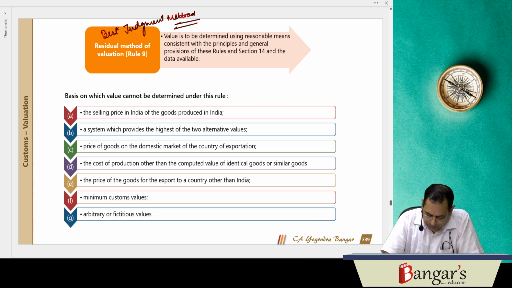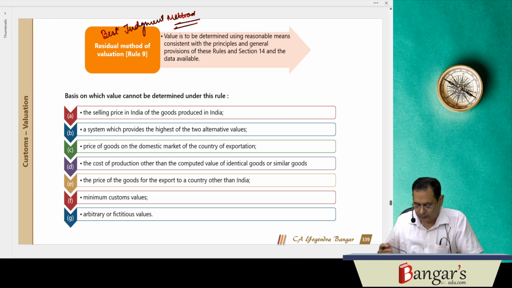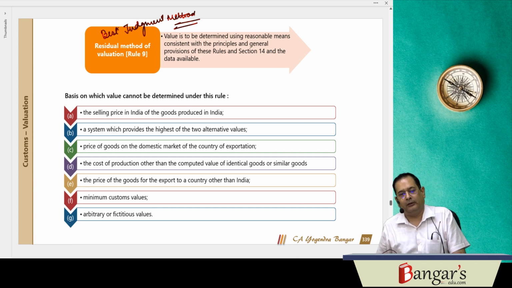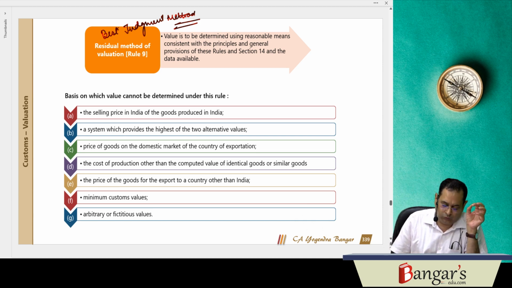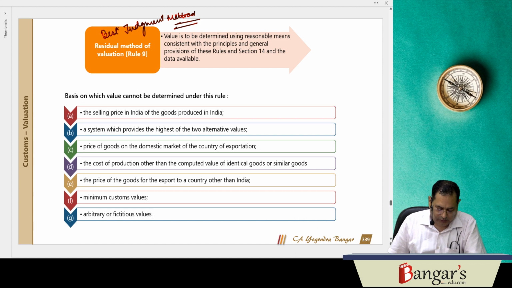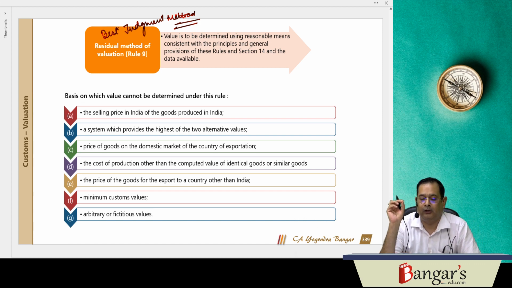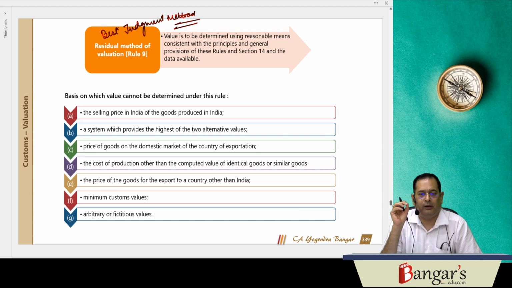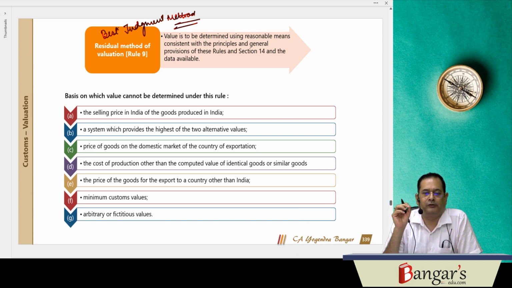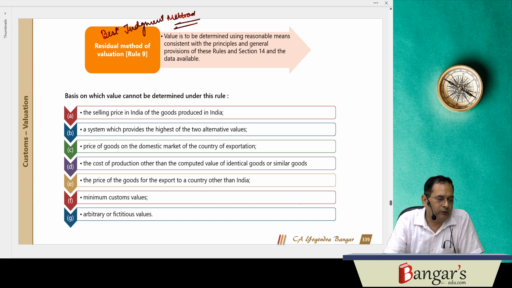So here, if the value cannot be determined as per the above rules, then the residual method says the value will be determined using reasonable means consistent with the principles and general provisions of these rules and section 14 and the data available in India.